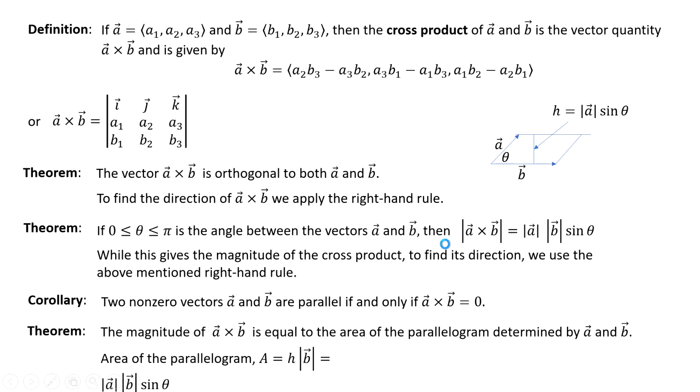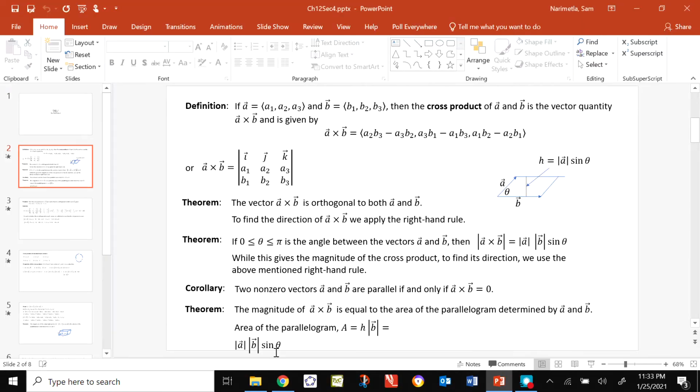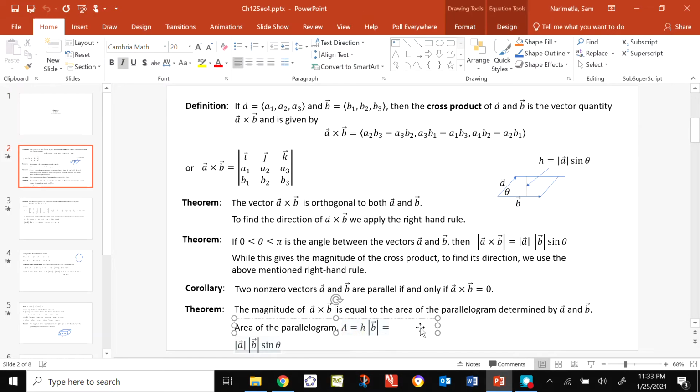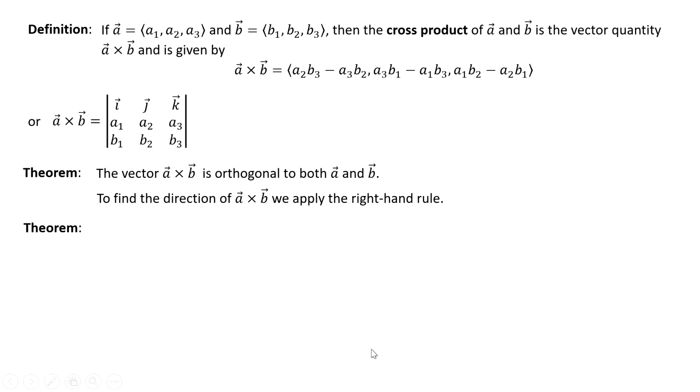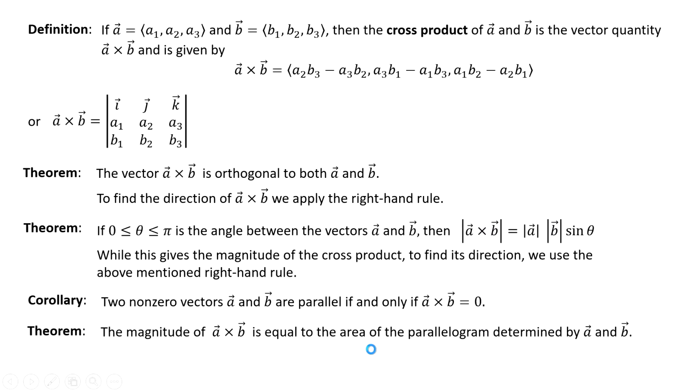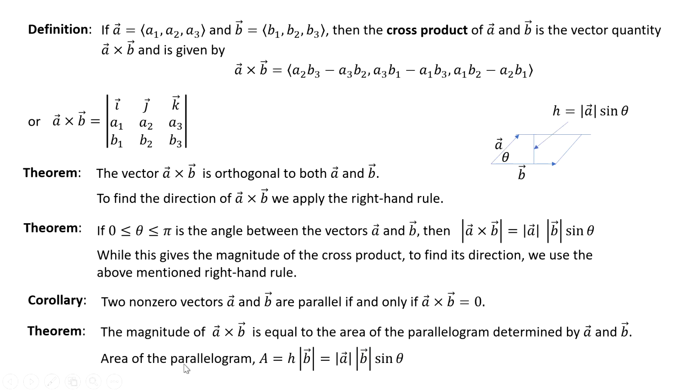So let me show you that. So the area of the parallelogram is h times the magnitude of B. But h we already said is the magnitude of A times sine theta.